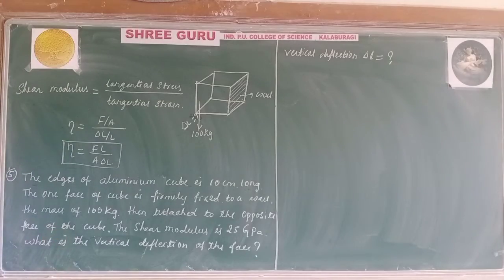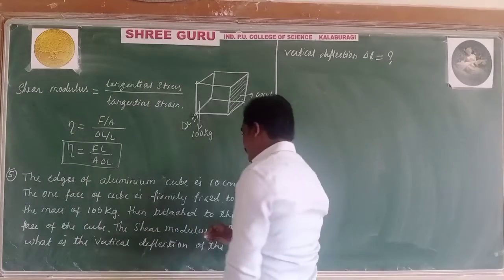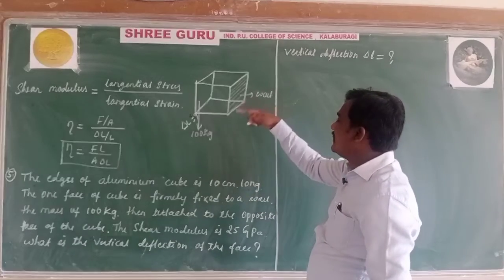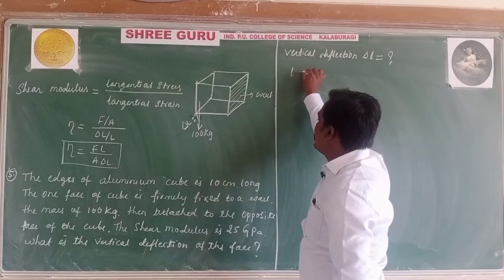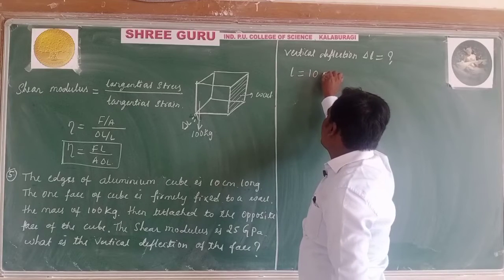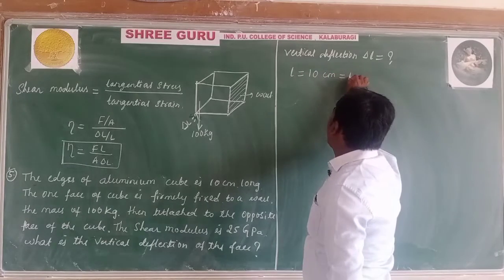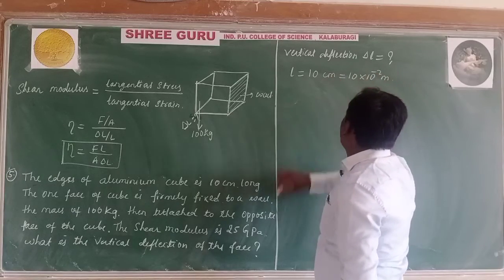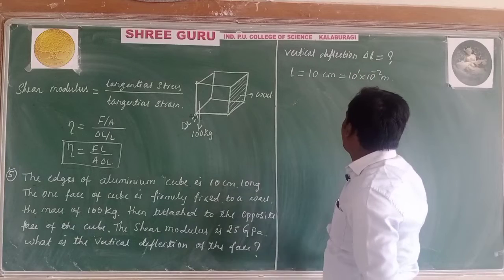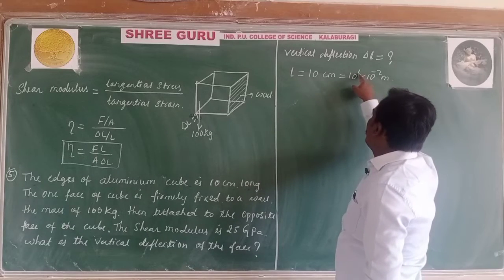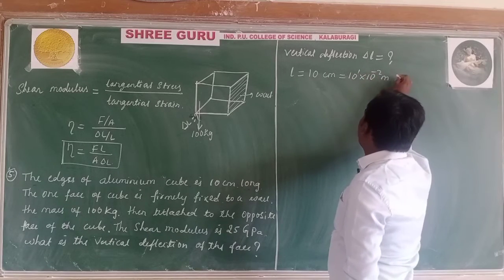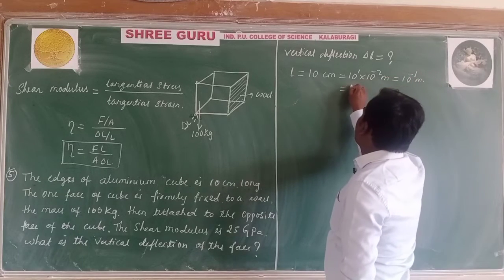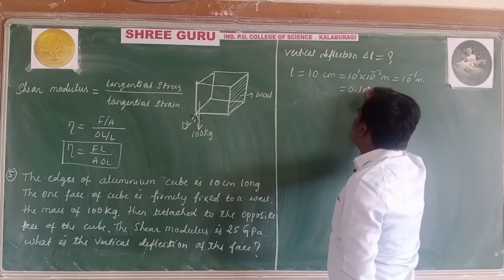What are the things given? Edge of an aluminum cube, that is length L equal to 10 centimeter, or we can write 10 into 10 raised to minus 2 meter, or 10 raised to minus 1 meter, that is 0.1 meter.